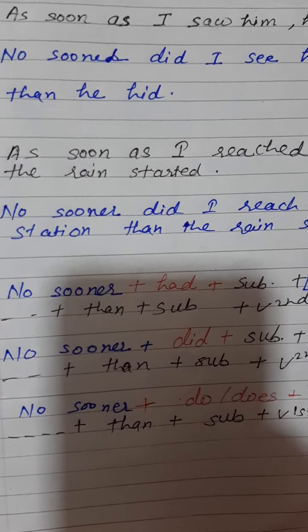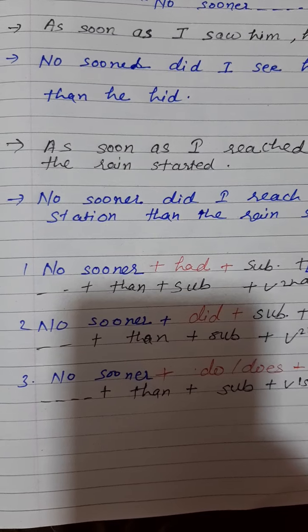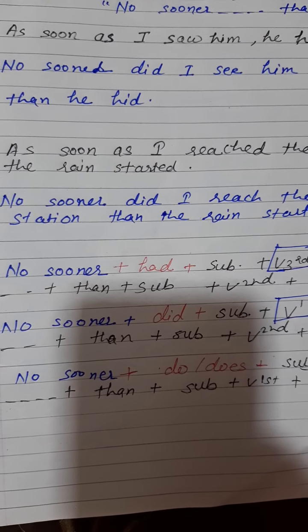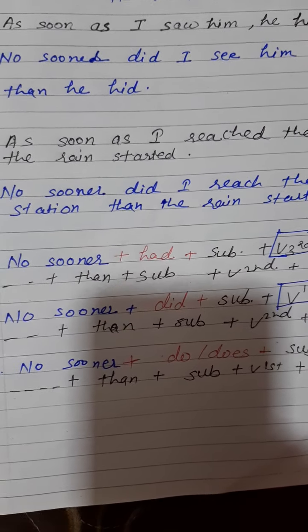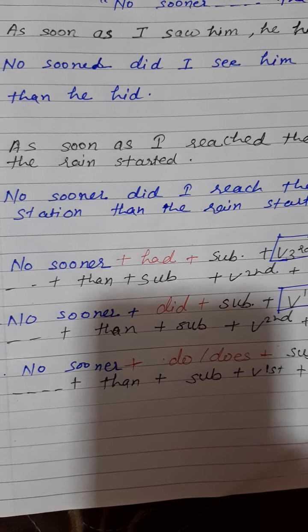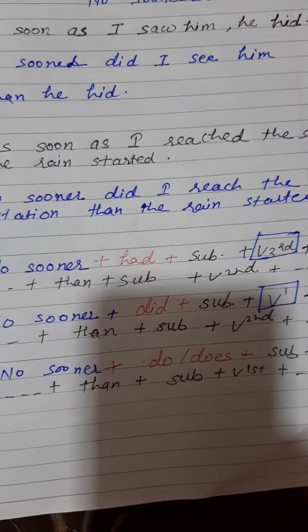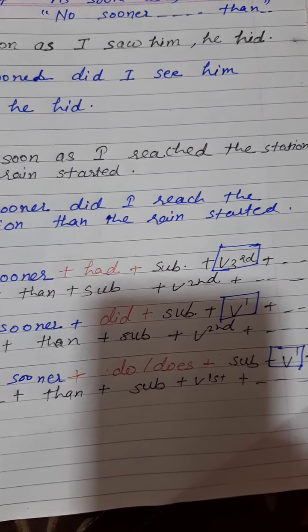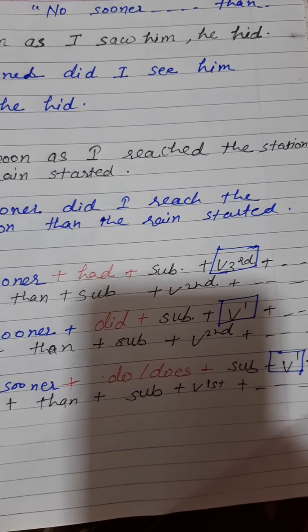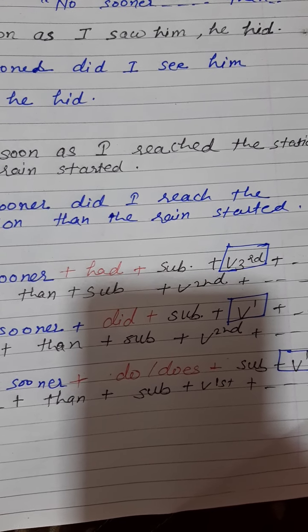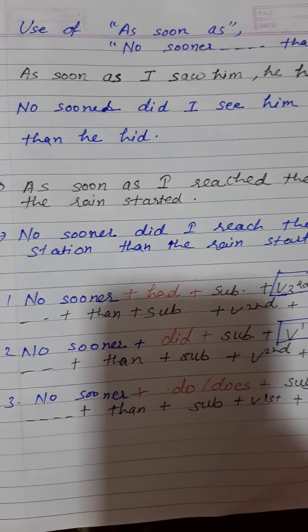So this is the structure of no sooner. If the sentence starts with had, at that time we use the third form of verb with the subject, and if the sentence starts with did, at that time we use the first form of verb, and likewise with do, does. So this is the structure of no sooner.